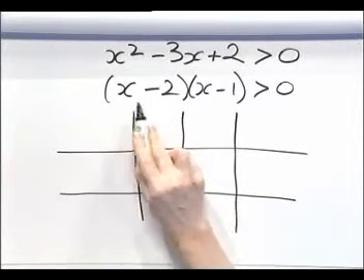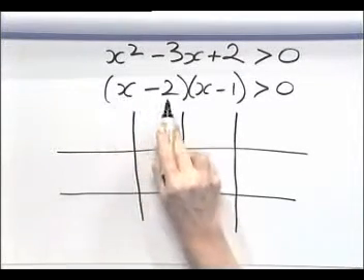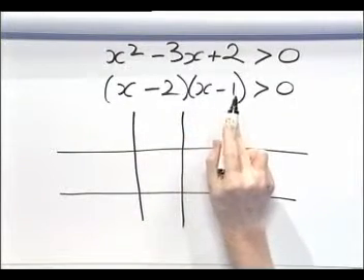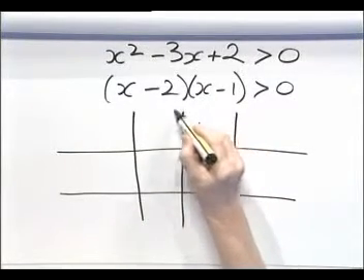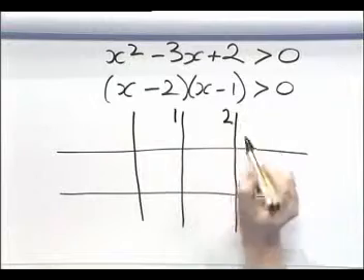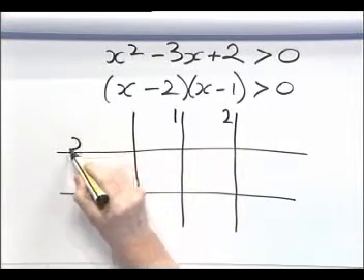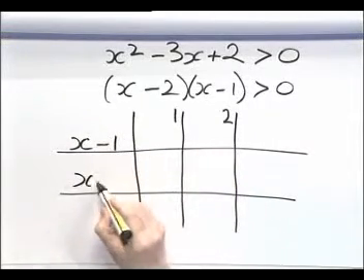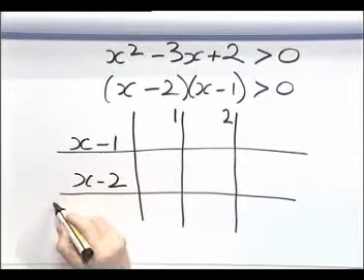The points at which x minus 2 equals 0 and x minus 1 equals 0 are marked in. So this is 1 and 2. We put the two factors on the left and their product.